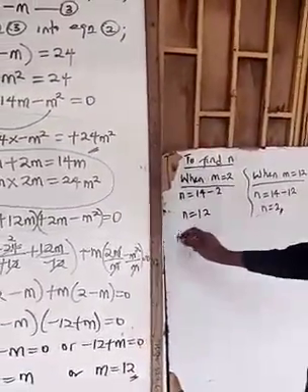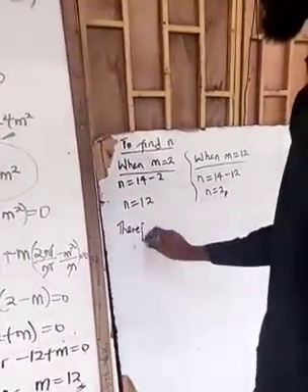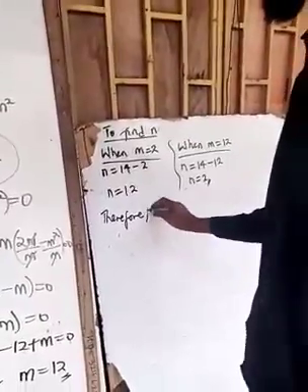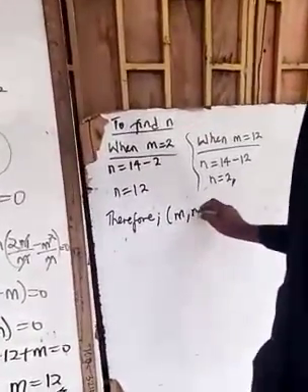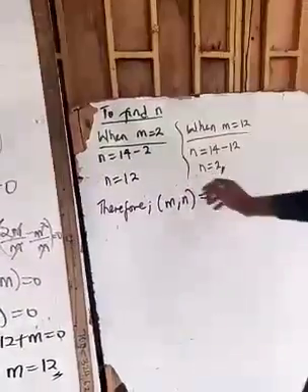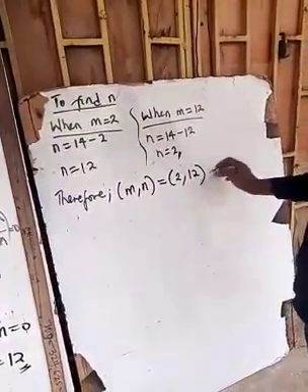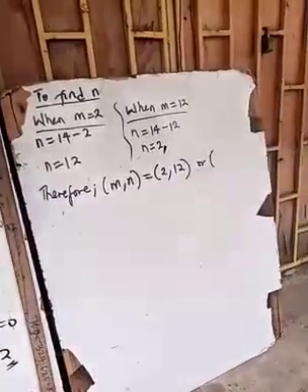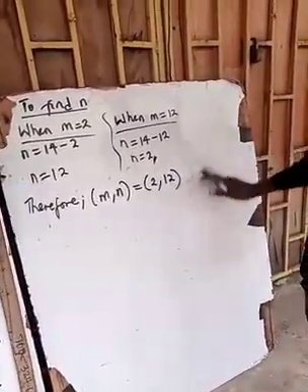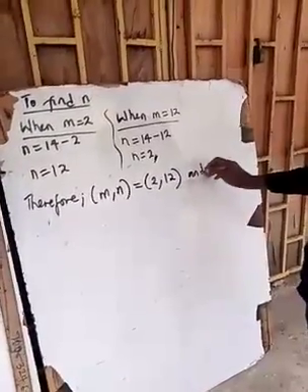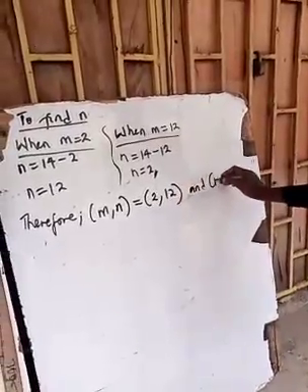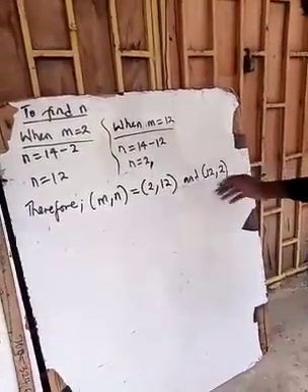So therefore the answers: when m is 2, n is 12, and when m is 12, n is 2.